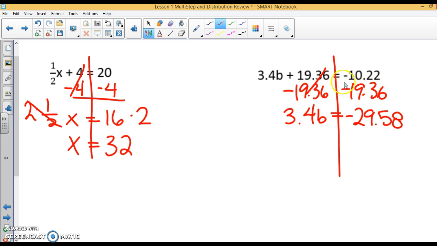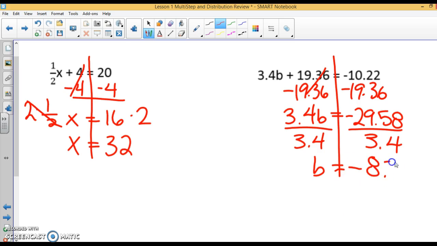Because I started with a negative 10.22 and subtracted, so it needed a bigger negative, okay? Then I'm going to divide by 3.4 on both sides, and I'm left with b equals negative 8.7. So that is going to be all of our examples.